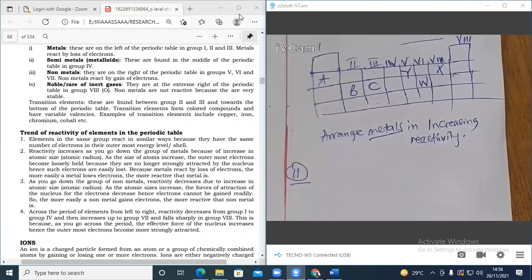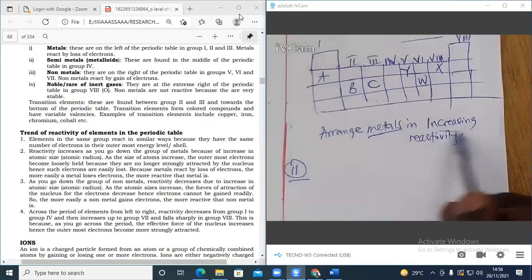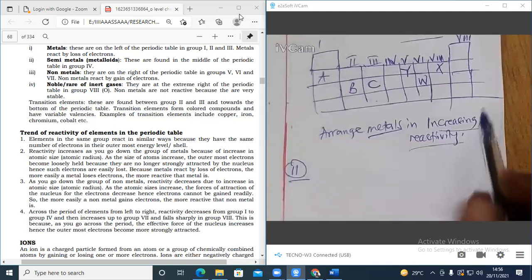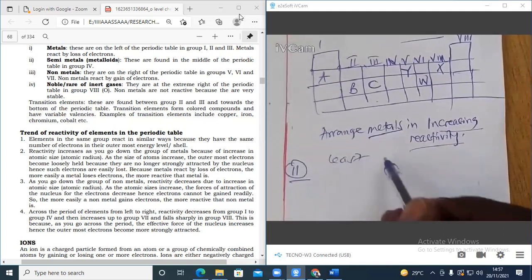Increasing means we are going to start from the least reactive as we go to the most reactive, isn't it? Yes? Good. So if they say arrange metals in increasing reactivity, we are going to start with the least reactive as we go to the most reactive.